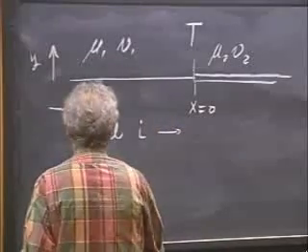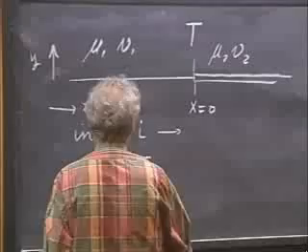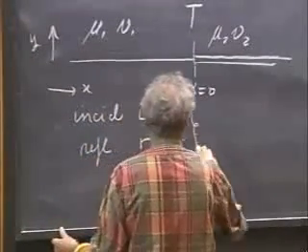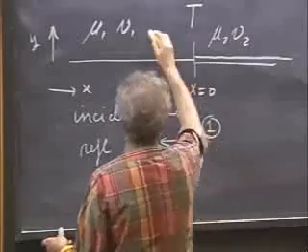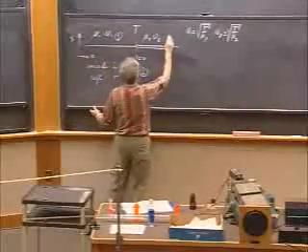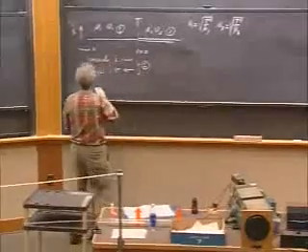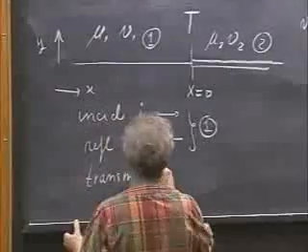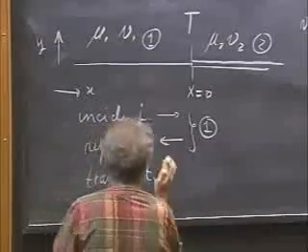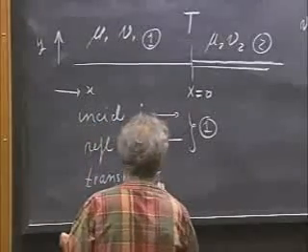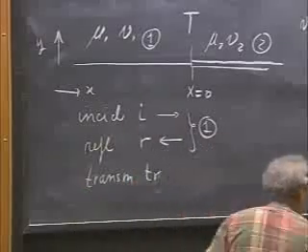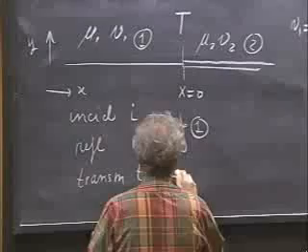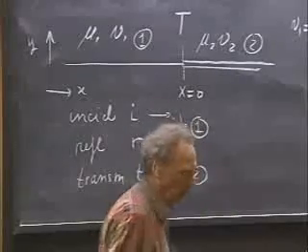And then there will be a reflection, which I call R. Something may come back, so that goes into this direction, both in medium 1. This is medium 1, and this is medium 2. And then something is being transmitted into the second medium. I will give that subscript TR, and that is going into medium number 2. And that's what I want to evaluate now.